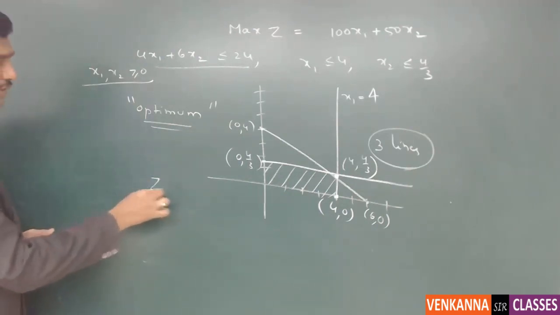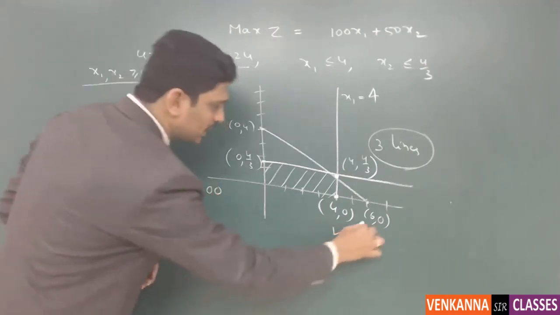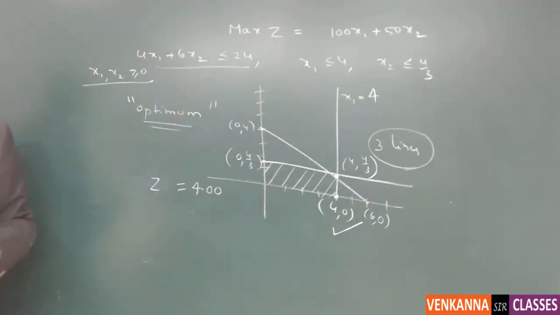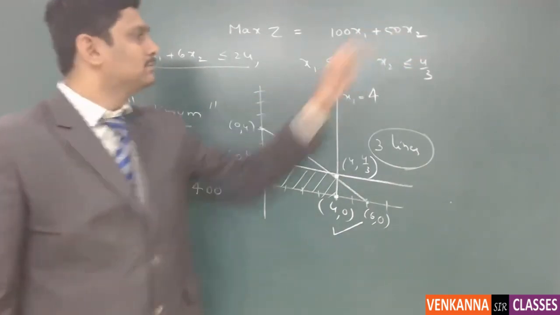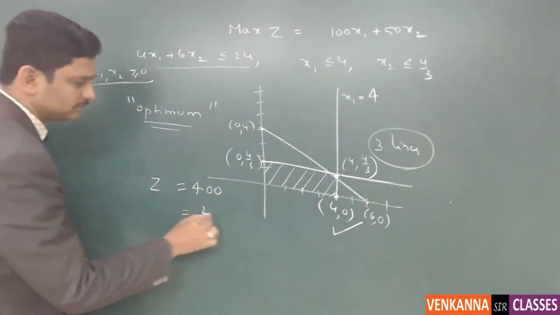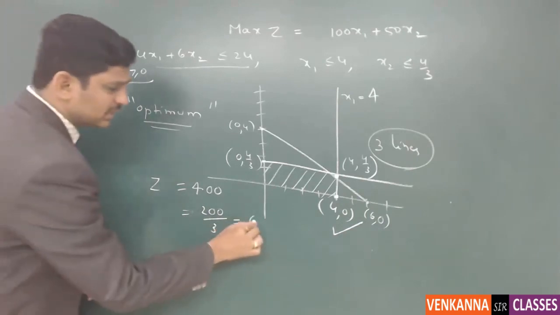So one value for z is 400 if you substitute the point 4 comma 0. Another one is, if you substitute 4 by 3 here, it will be 200 by 3, so around 66 point something.